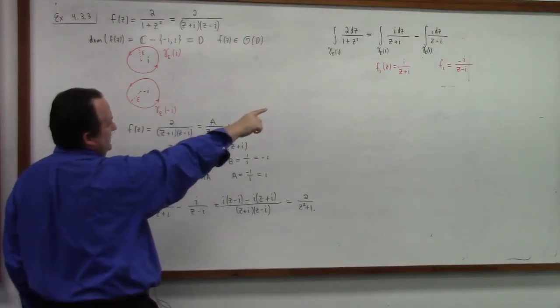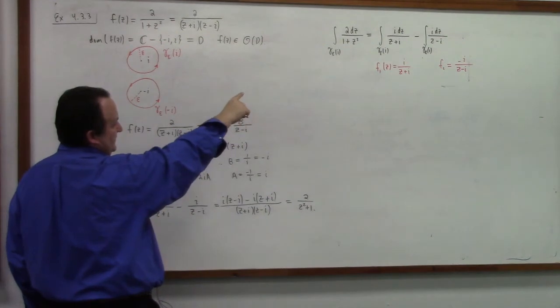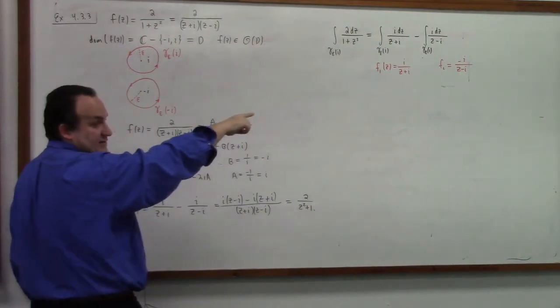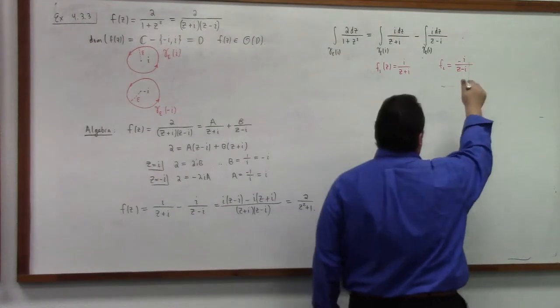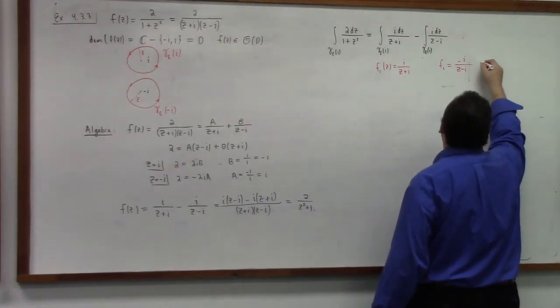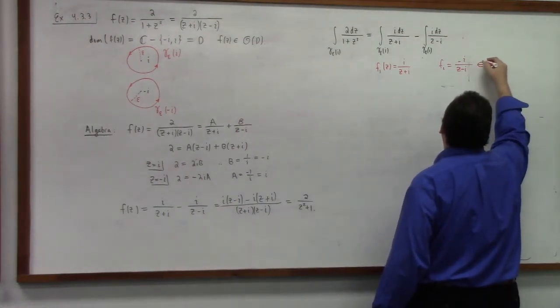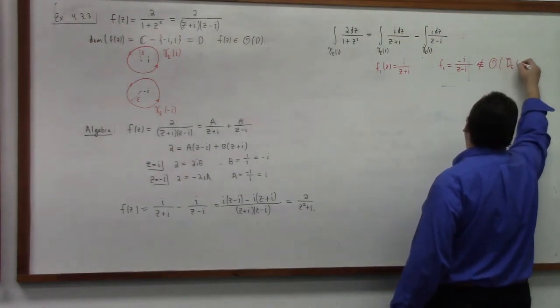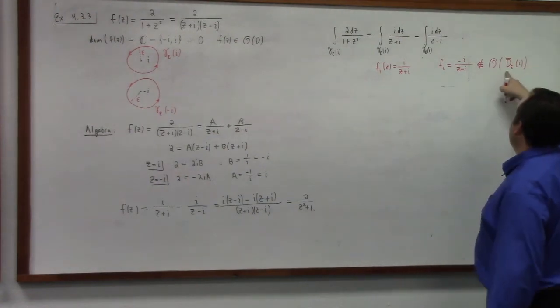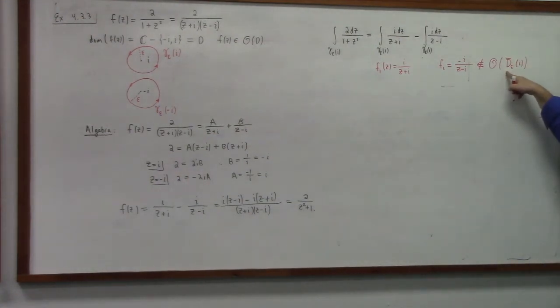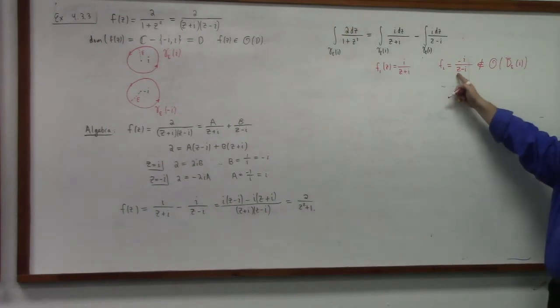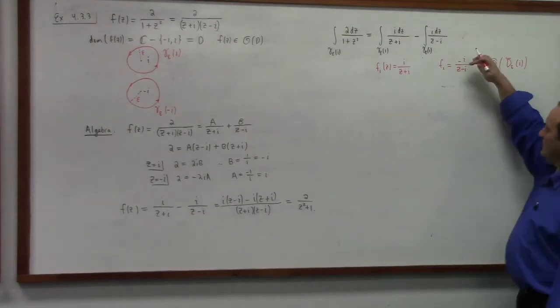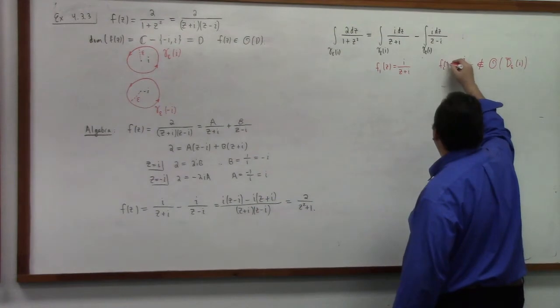The second one's got trouble because at the center of the circle centered at i, we get division by 0, right? So this is not holomorphic on the closed disk of radius epsilon centered at i, because at the center we get division by 0.